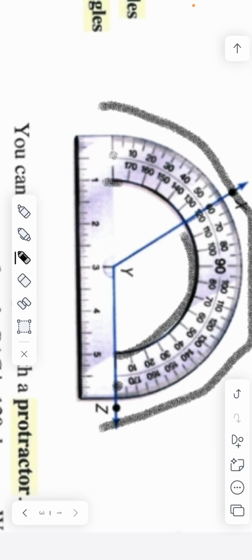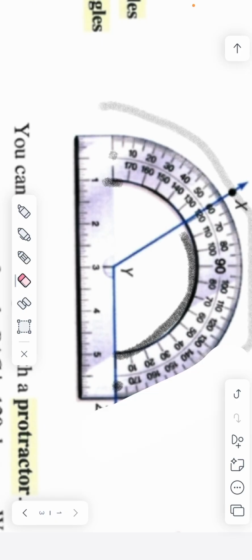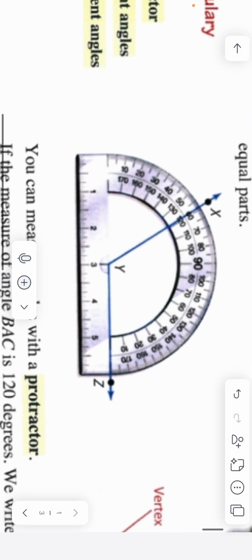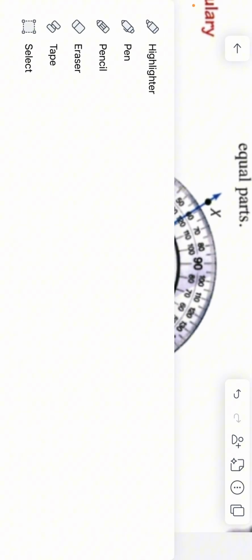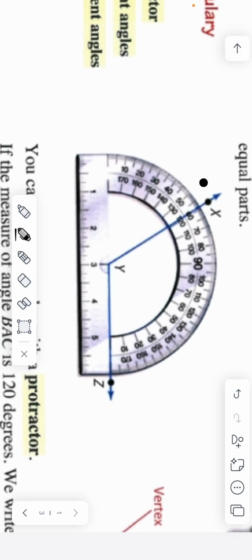So for example, how can I measure this figure? Look at this figure: X, Y, and Z. How can we measure that? First, you put the protractor. There is a hole in here, the protractor hole, on the vertex.